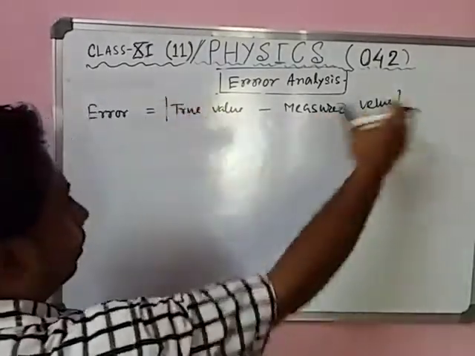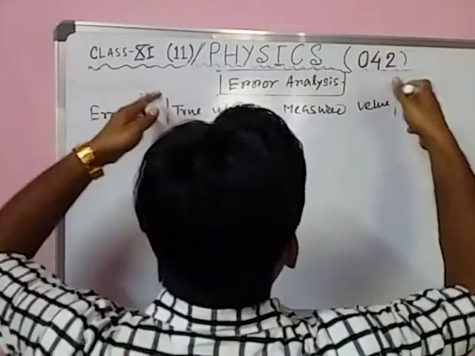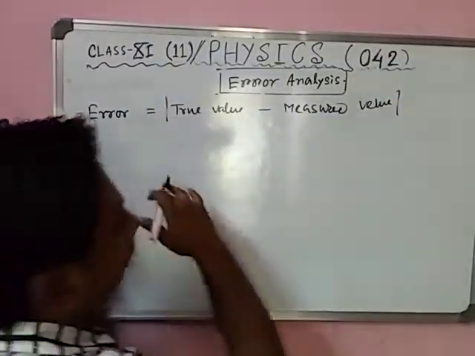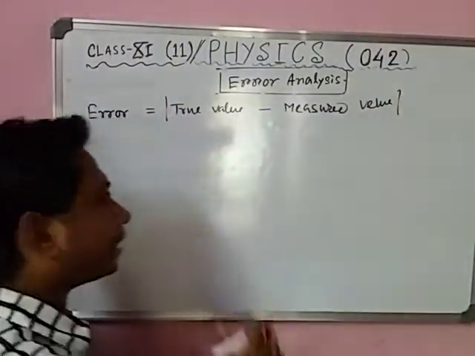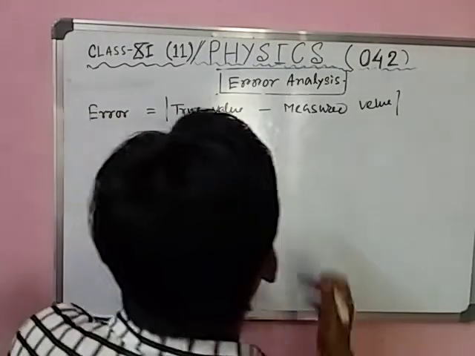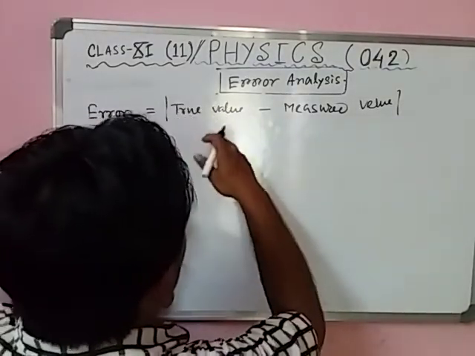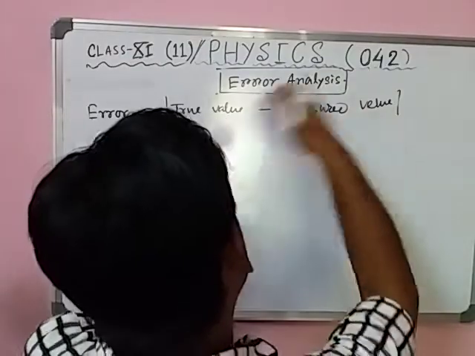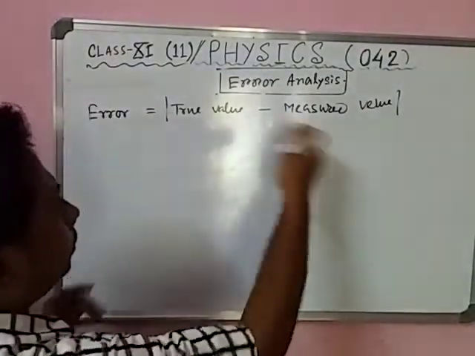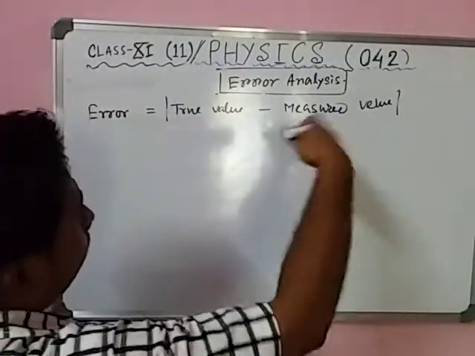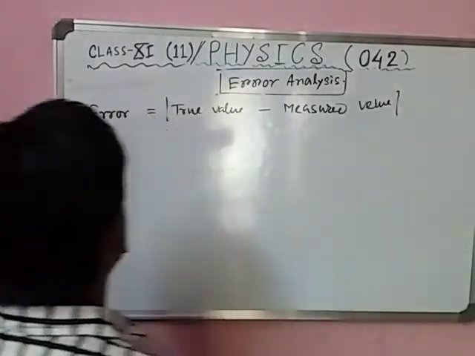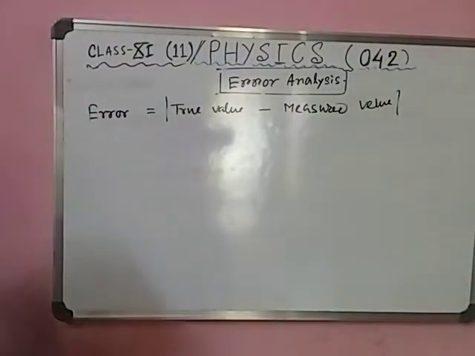We keep it in the mod, because error is always positive. True value may be greater than the measured value, or the measured value can be greater than the true value, and vice versa, so we put it in the mod. Mod always gives a positive value. So error means the modulus of true value minus measured value.